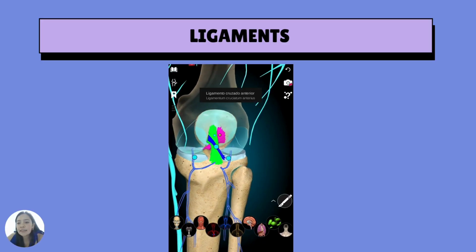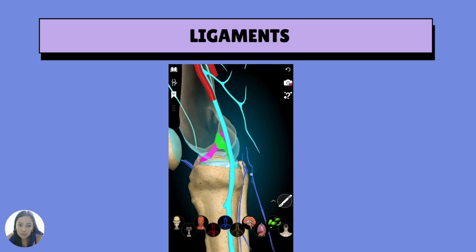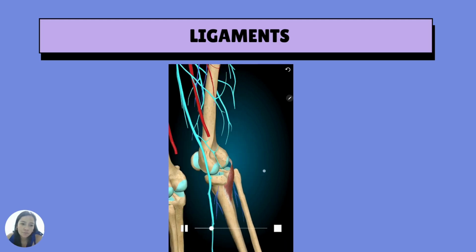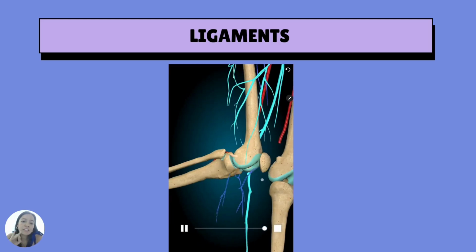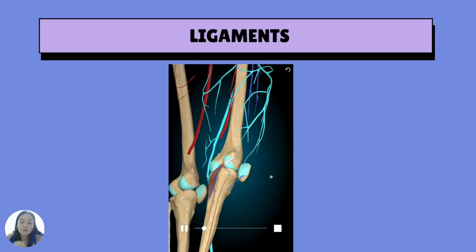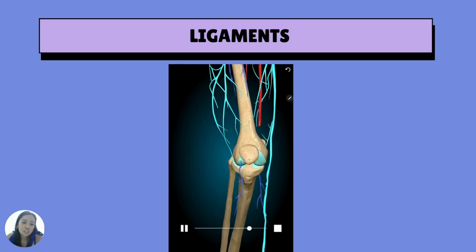The medial collateral ligament, the MCL, is the blue one, and the LCL is the lateral collateral ligament. They prevent side to side displacement and provide lateral stability, as well as control of rotation, flexion and extension.